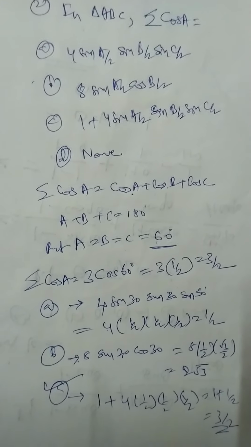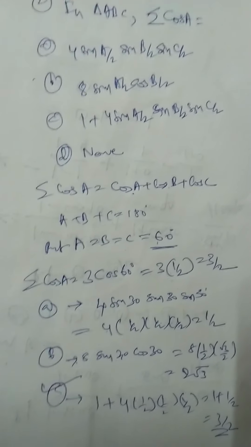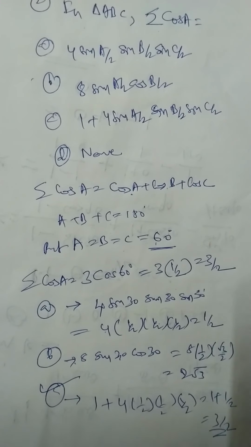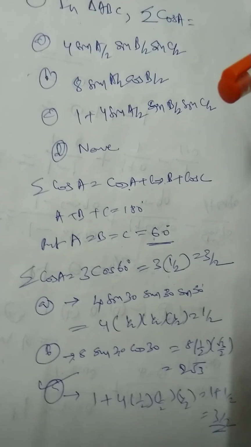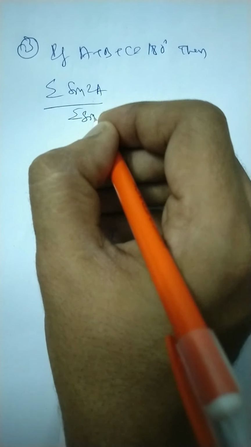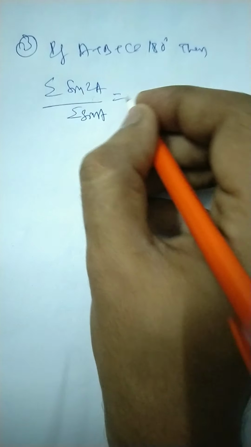Now we will consider another problem on this. So here is the problem. If A plus B plus C is equal to 180 degrees, then sigma sine 2A by sigma sine A is equal to.